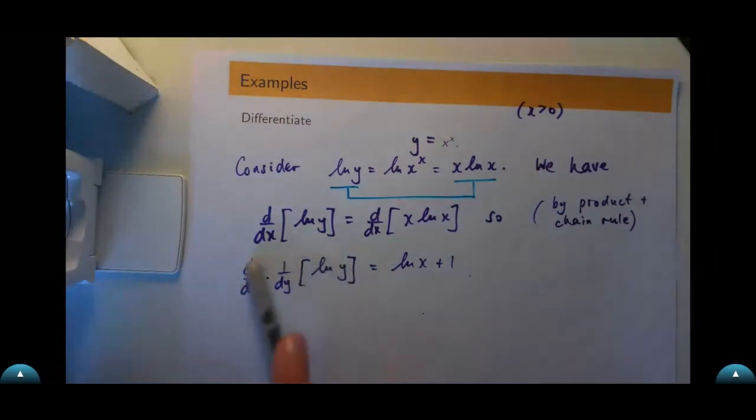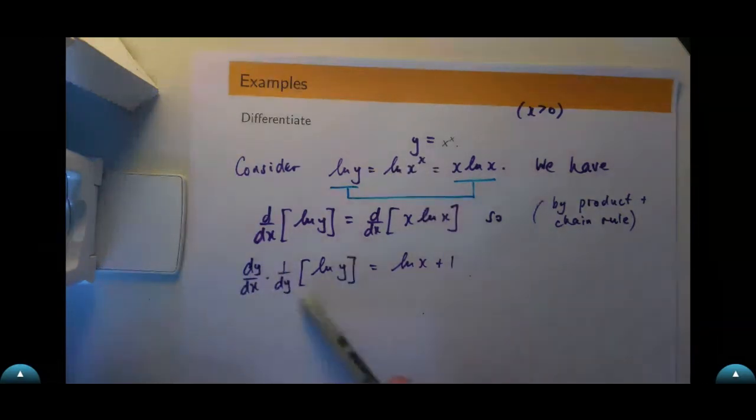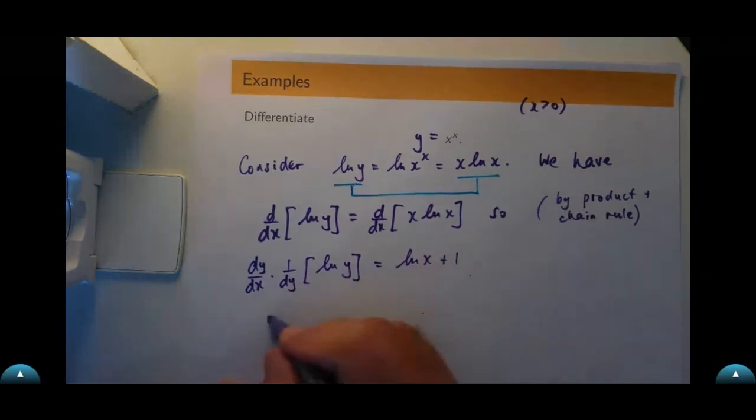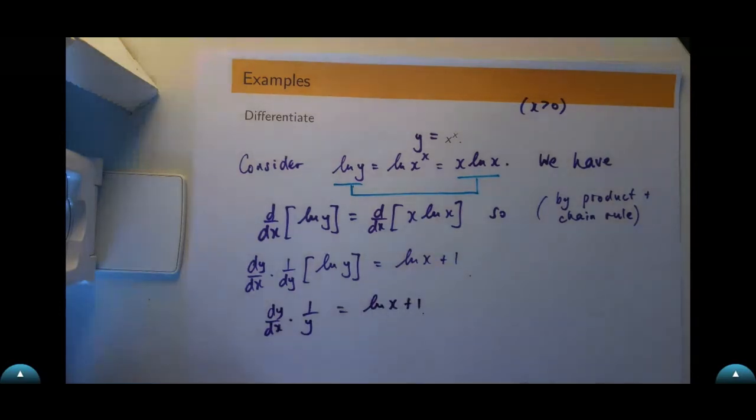All right, I've applied the chain rule over here, and I have applied the product rule here. Okay, so I want dy dx. I'm going to differentiate this. Sorry, this should be, yeah, I'm going to get dy dx times 1 on y.